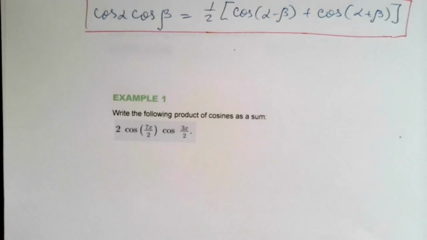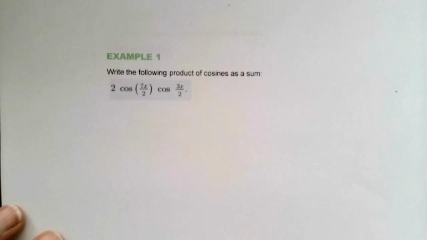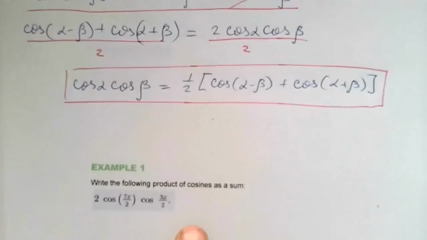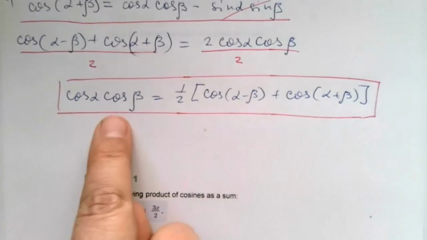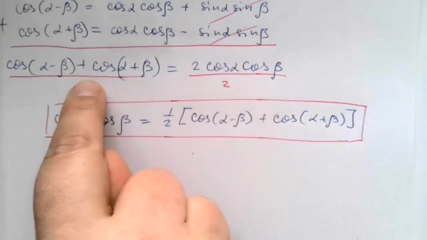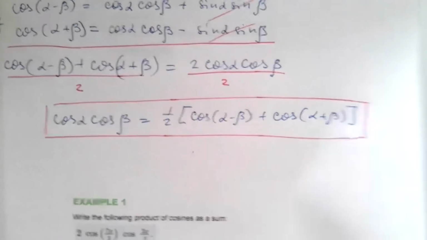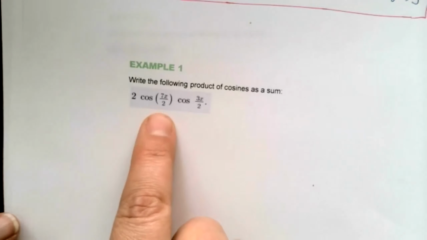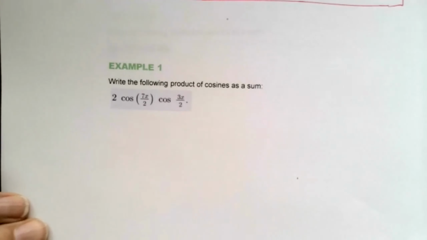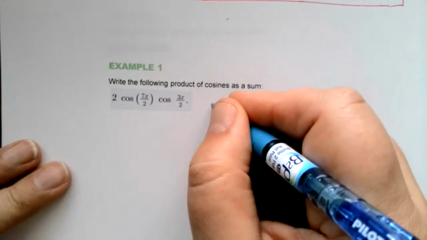Example 1, write the following product of cosines as a sum. So basically, this is how we're going to write it. We have 2 times cosine of 7x plus 2 times cosine of 3x plus 2.